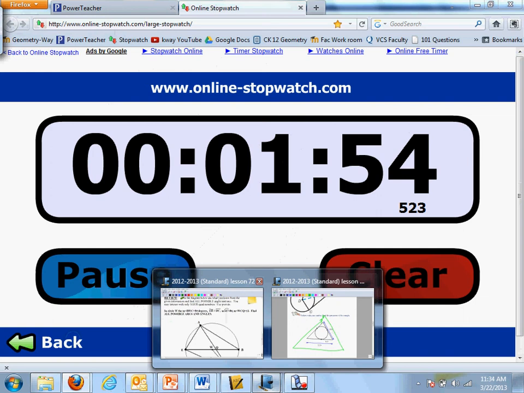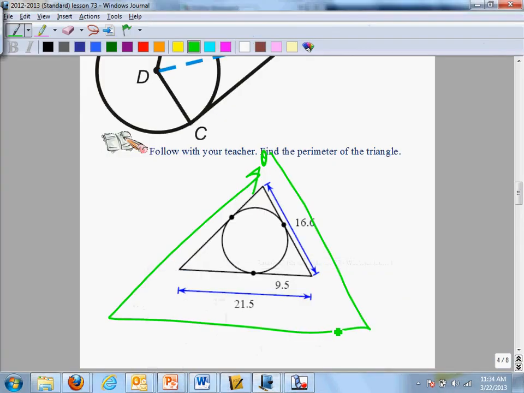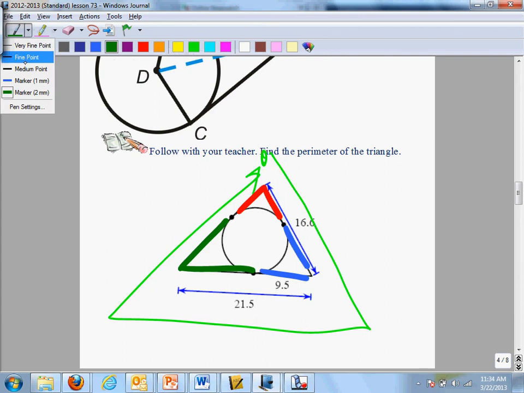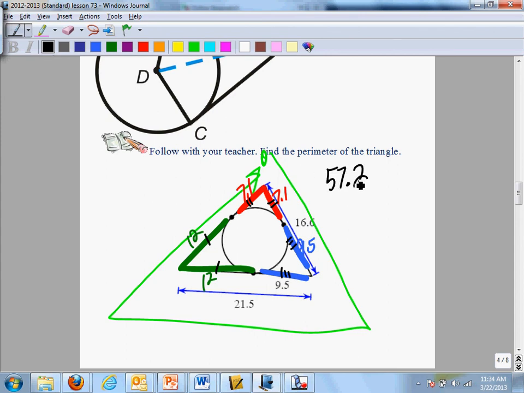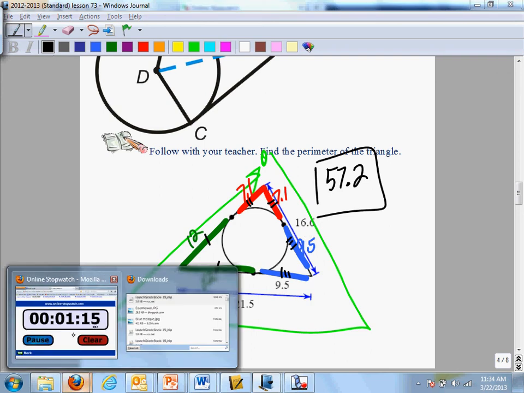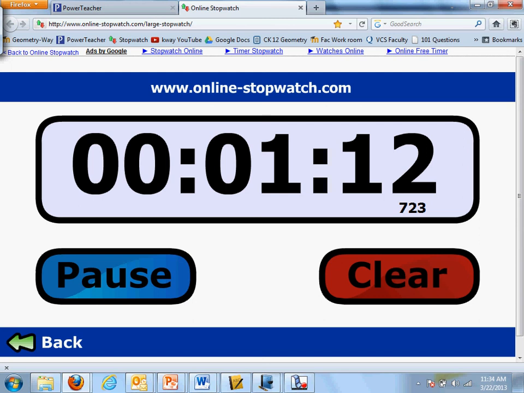You're finding the perimeter of that triangle. Okay, if you guys finish early, I'll just show you the answer. You have a minute left. Your goal is to find the perimeter of that triangle.